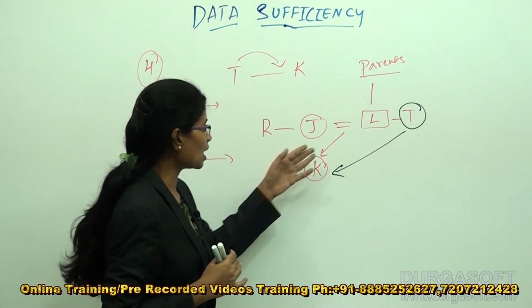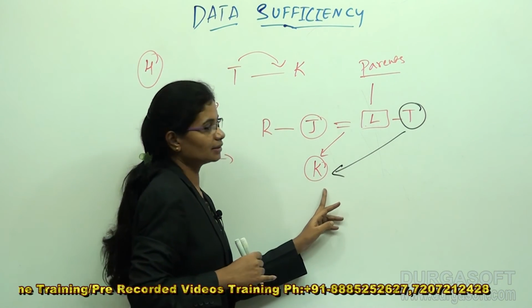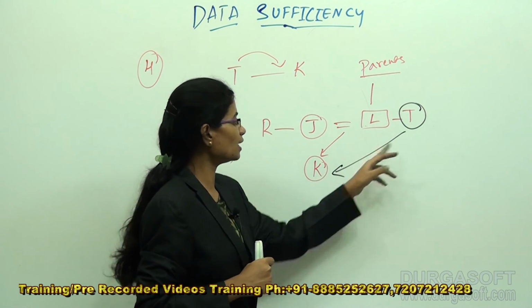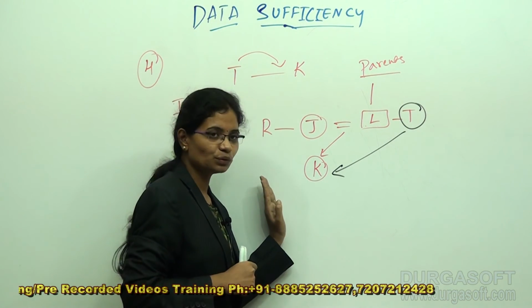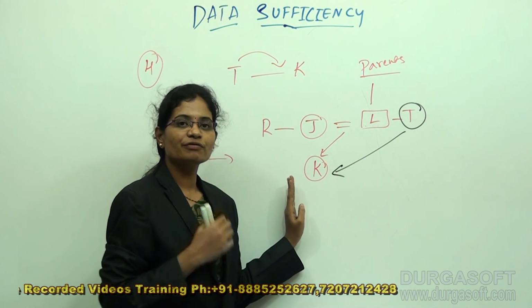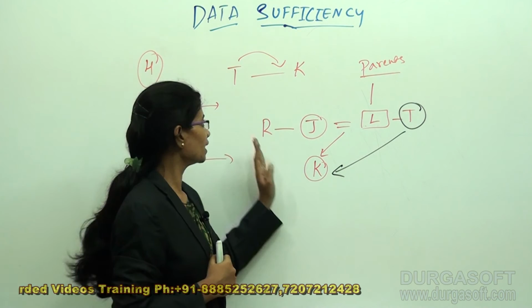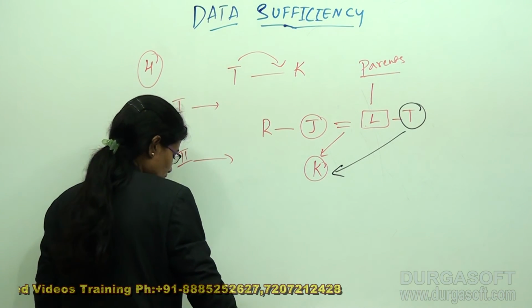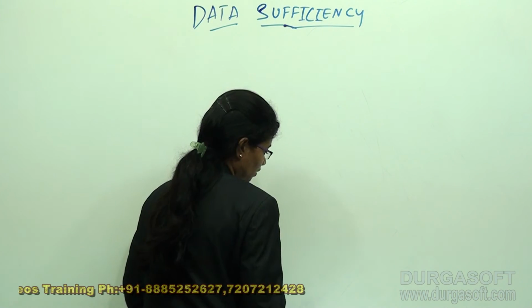T will be a paternal aunt to K. So from using equations 1 and 2, we got the relationship between T and K. For this question I required both 1 and 2 at the same time. So our answer will be both 1 and 2. Let's move to the next problem.